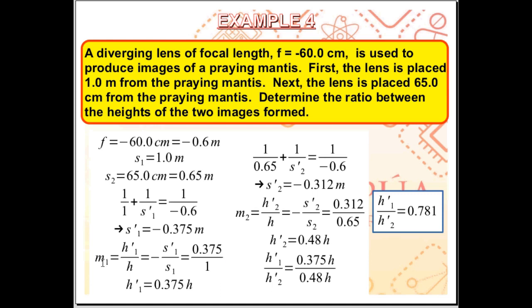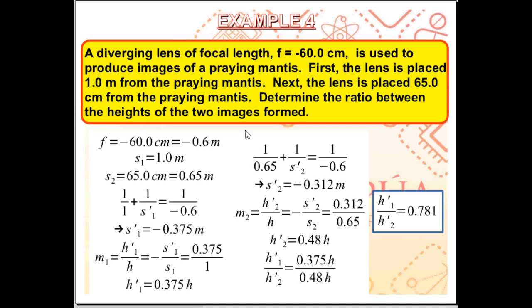No unit, right? Magnification, height divided by height, cancels out the unit. So 0.375, that's M. Which means M1 is equal to H1 prime over H. If we transfer H to the other side, we have H1 prime is equal to 0.375 H. We have an equation for H1 prime.